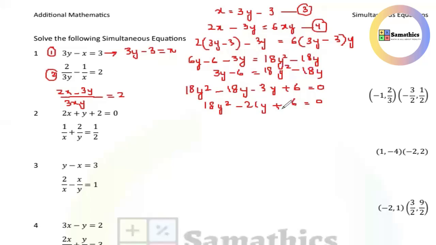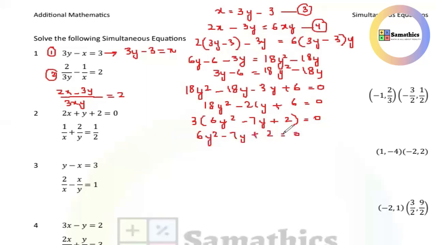So it's better if you take 3 as common so that you get the equation in simpler form, and then it will be easy to solve the equations, right? So minus 7y and plus 2 is equal to 0. Then when you take 3 on that side, 0 divided by 3 will be 0. So you have the equation 6y squared minus 7y plus 2.